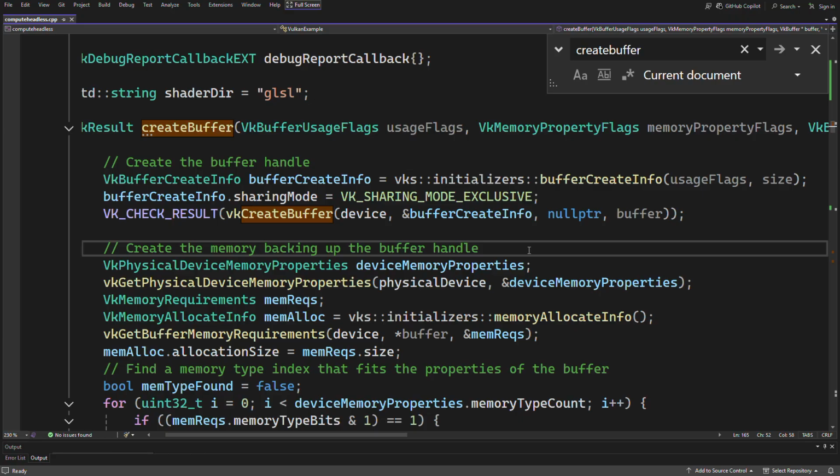For NVIDIA graphics cards, it's RTX and above. That will give you Vulkan capability and ray tracing capabilities. For AMD and Intel, I have no idea.